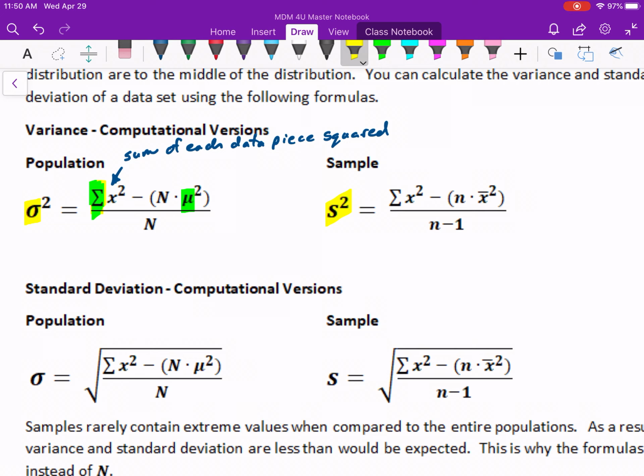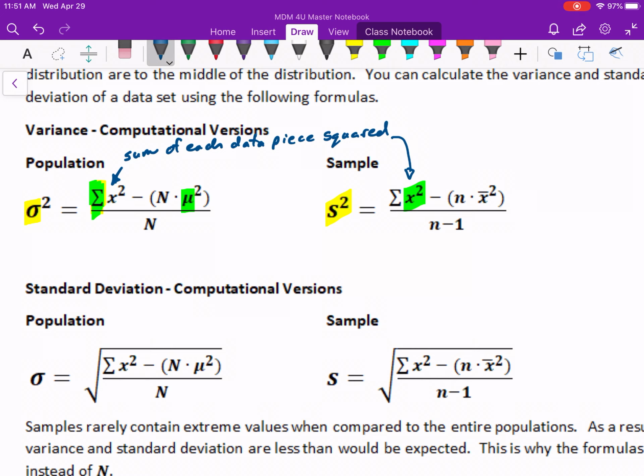It's still made up of all the different pieces of data in the sample squared, as opposed to the population now, minus n, which is the number of pieces of data in the sample, so it's lowercase n to indicate that it's a sample, times x bar squared. And remember, x bar was just the average of all the sample pieces. So again, exact same thing, just different variables.